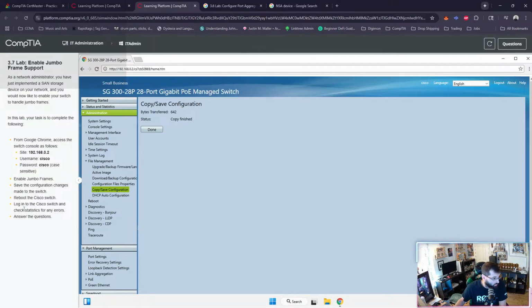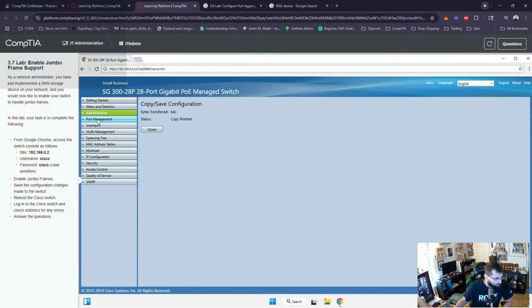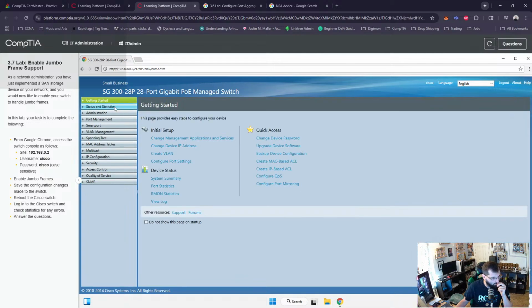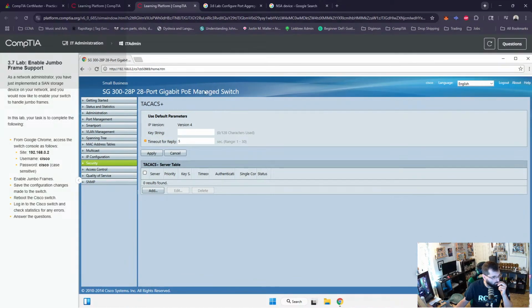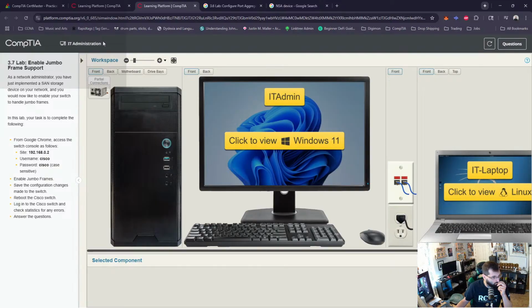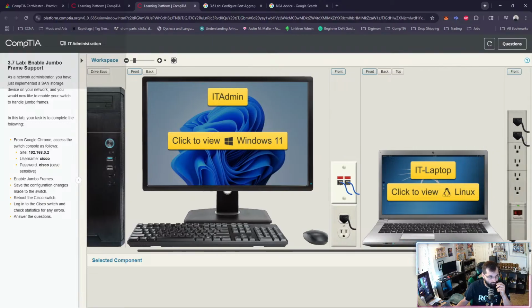Reboot the Cisco switch. How can I reboot it from here? Nope.